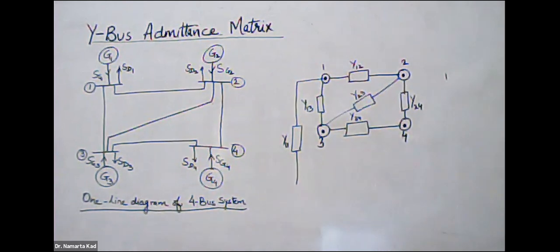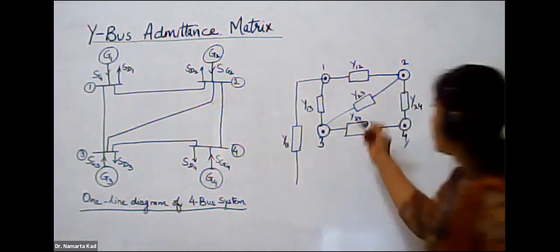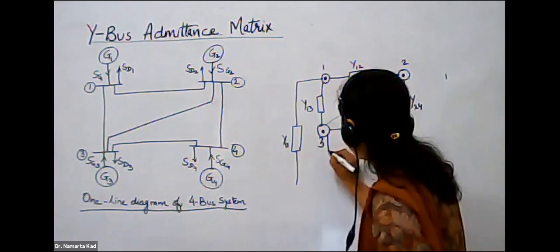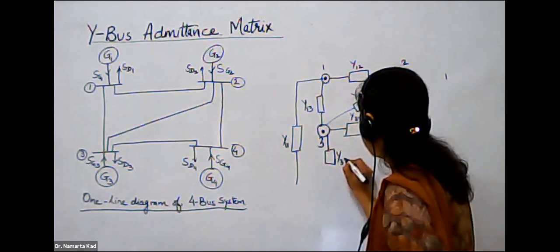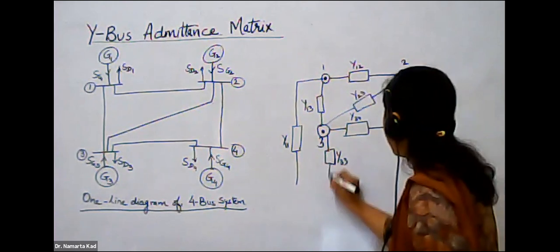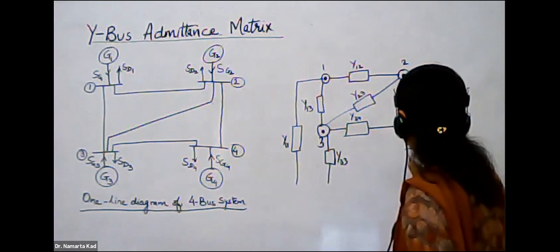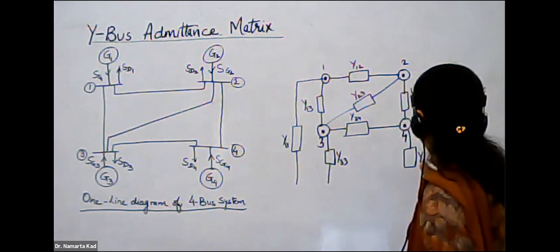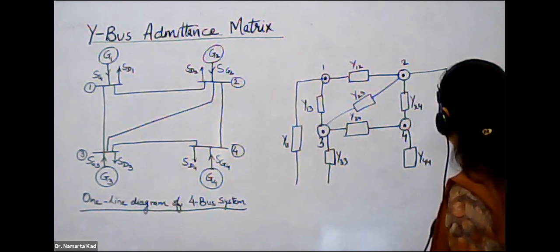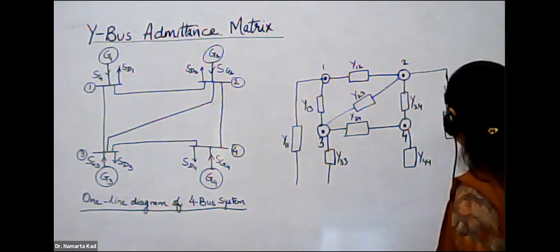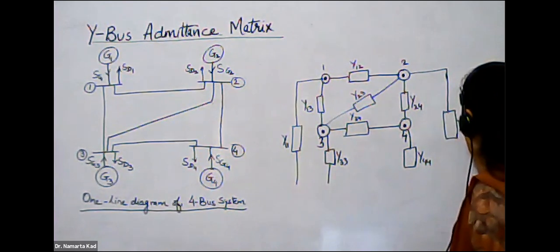Similarly, the self admittance for bus number 3 is Y33, for this it is Y44, and here it is Y22.